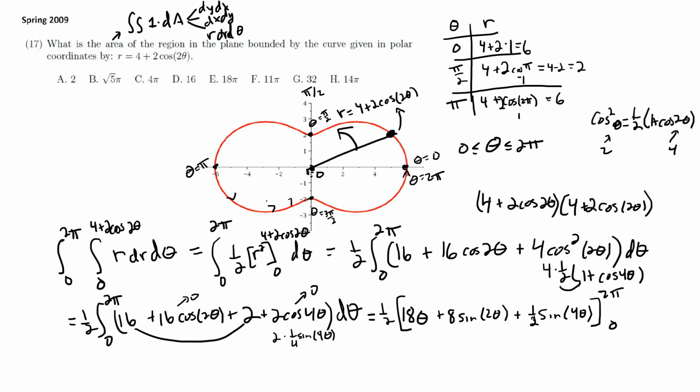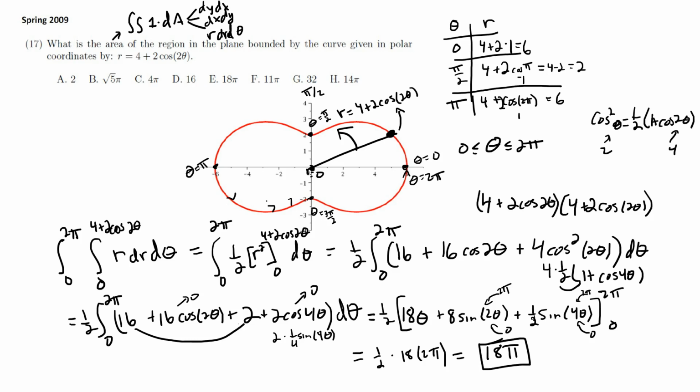It'll be the sine of 4 pi and then the sine of 0, the sine of 8 pi and then the sine of 0. So those don't matter. We'll just have the 18 theta, and that's going to be 18 times 2 pi, but then the half is out there, and that is why our answer to the question is 18 pi.